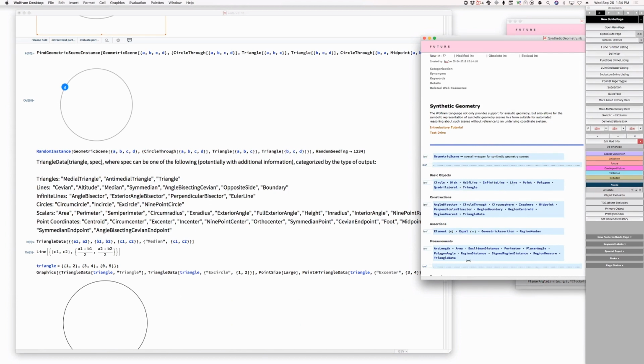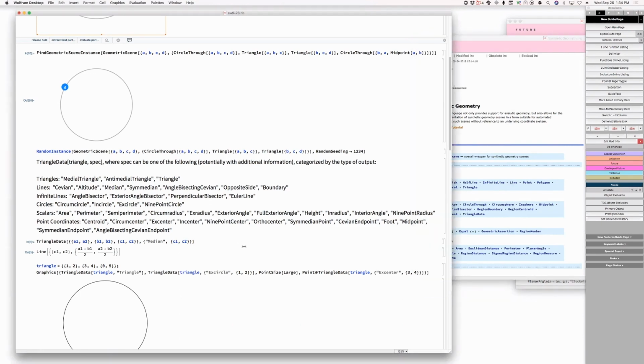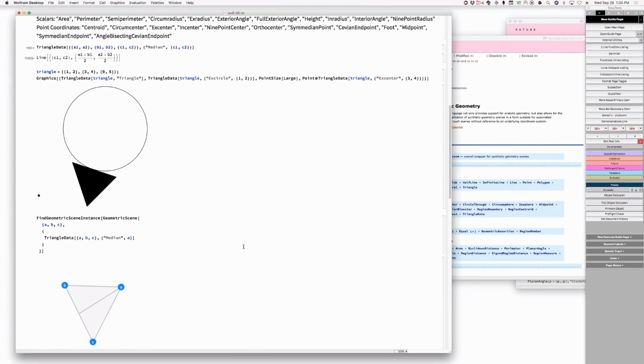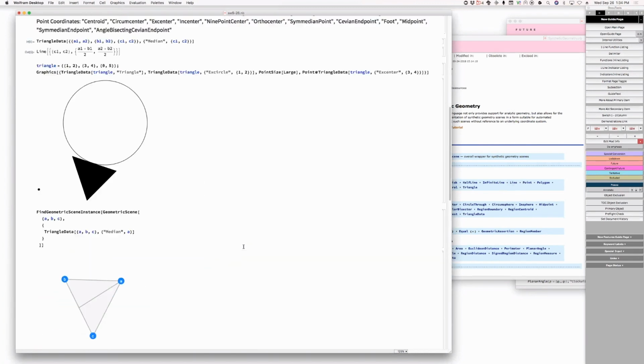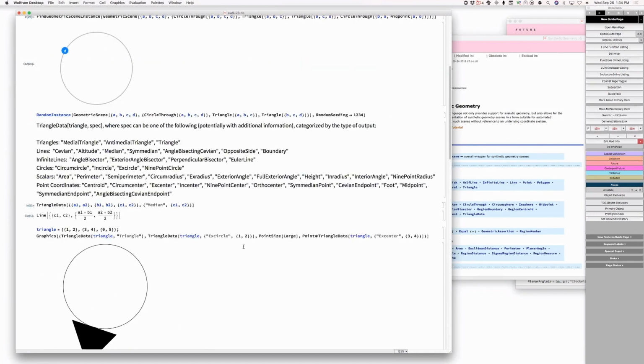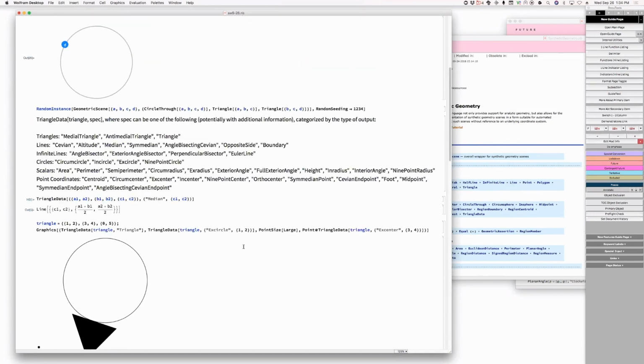What is triangle data? So triangle data is basically mushing a bunch of triangle functions all under one head, and the outputs can be different. Some of them are geometric objects, some of them are scalars. So all right, I doubt that that's the best of ideas. Triangles are a big thing in the world.